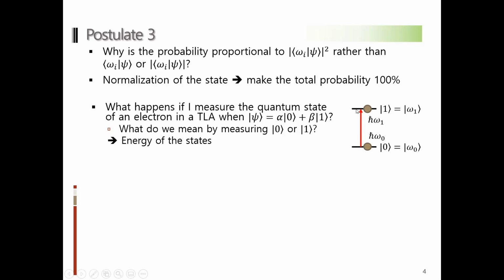So the next question is, what's the best way to represent the energy? We can get the hint from the concept that when the electron decays from the excited state to the ground state, we have an accompanying photon being emitted from this decay process, and the amount of energy carried by this photon is represented by the frequency.